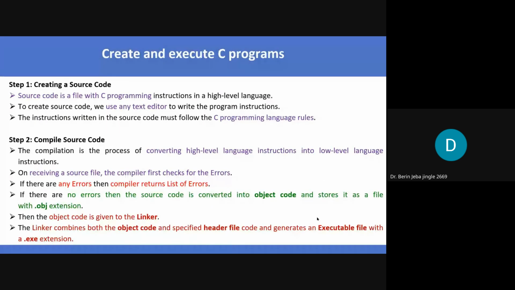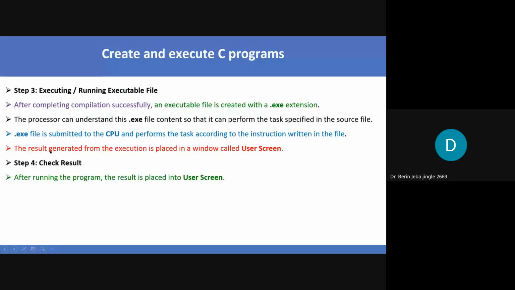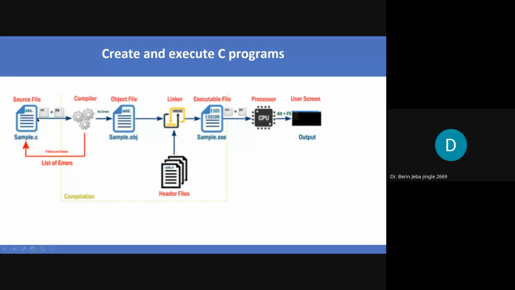First of all, source code. We are saving with the .c extension, then compile the source code. So in a diagram we can understand this very easily. All of you listen to this diagram. First of all, you are saving the program with the .c extension. When you give Alt F9, the program is compiled, and it finds the errors and lists the errors to the user.